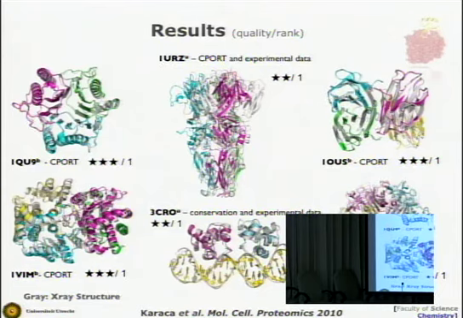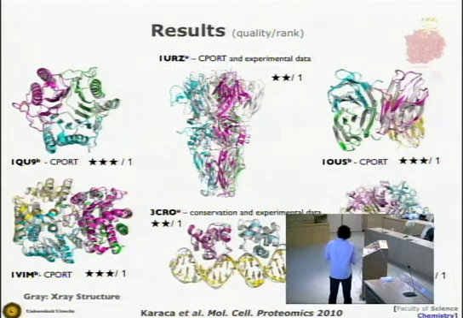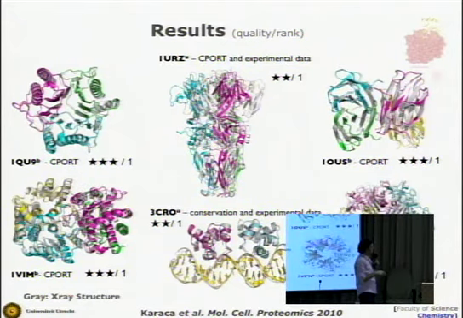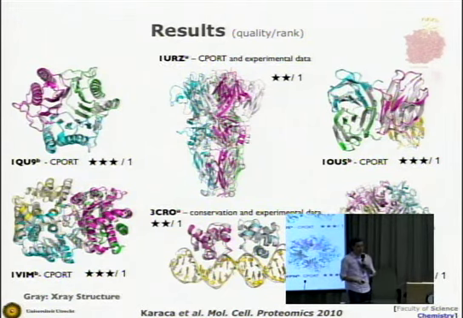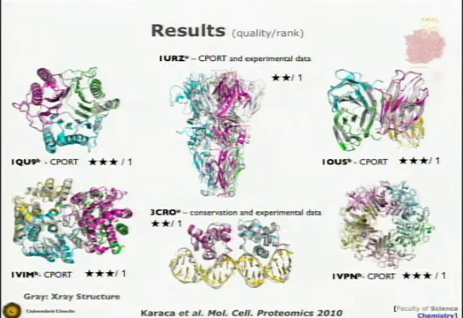We were one of the few groups that predicted that one correctly, and you see a 2 stars medium quality. The other ones are all high quality predictions, but this is also a 2-star protein-DNA. These two are docked from free-form structures, so you have the free form of the protein and you don't know the complex. The other ones are docked from structures where there is no free form.